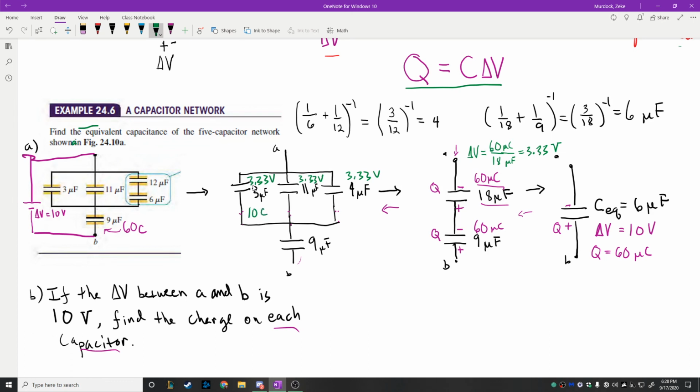This one would have something like, I don't know, it's 11 times 3.33. This is going to be like 36.3 something or something like that. Yeah, 36.7 coulombs.